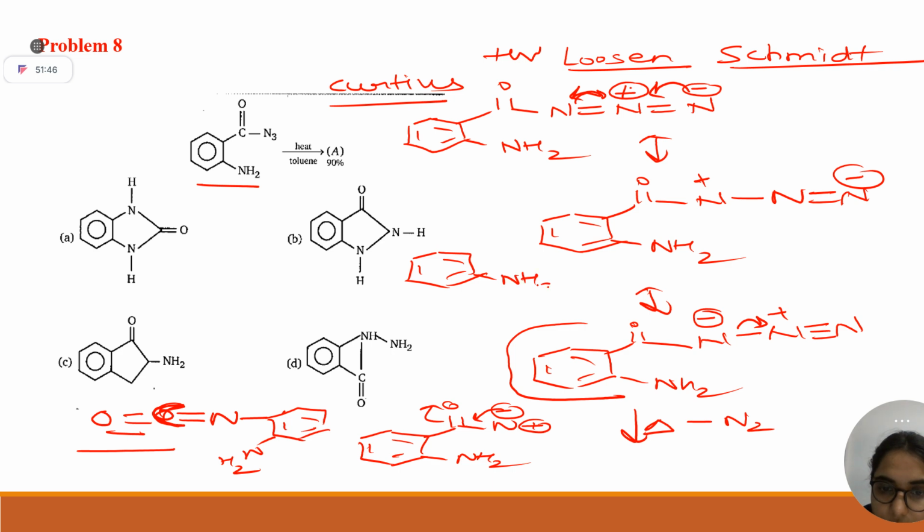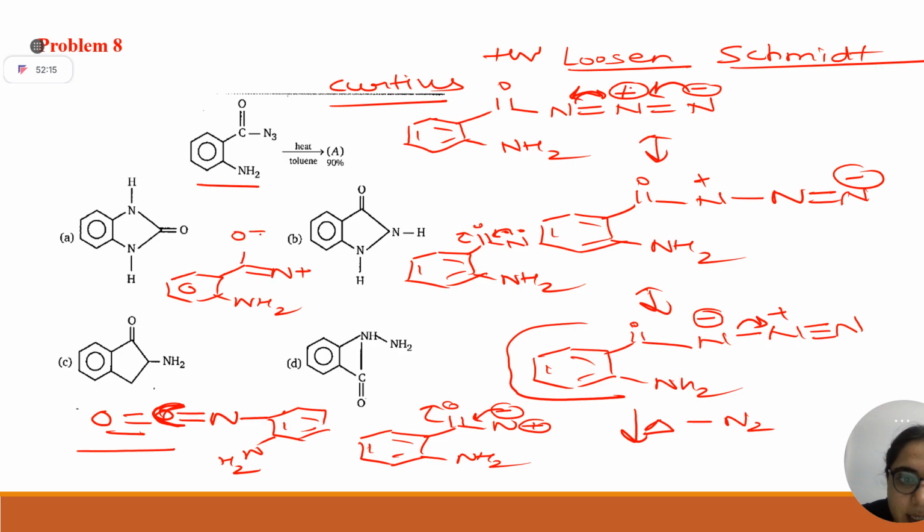NH2, CO, nitrene. How do books show this mechanism? They directly move this arrow here. The oxygen lone pair will come back, and this nitrogen will be positively charged, double bond, O negative.